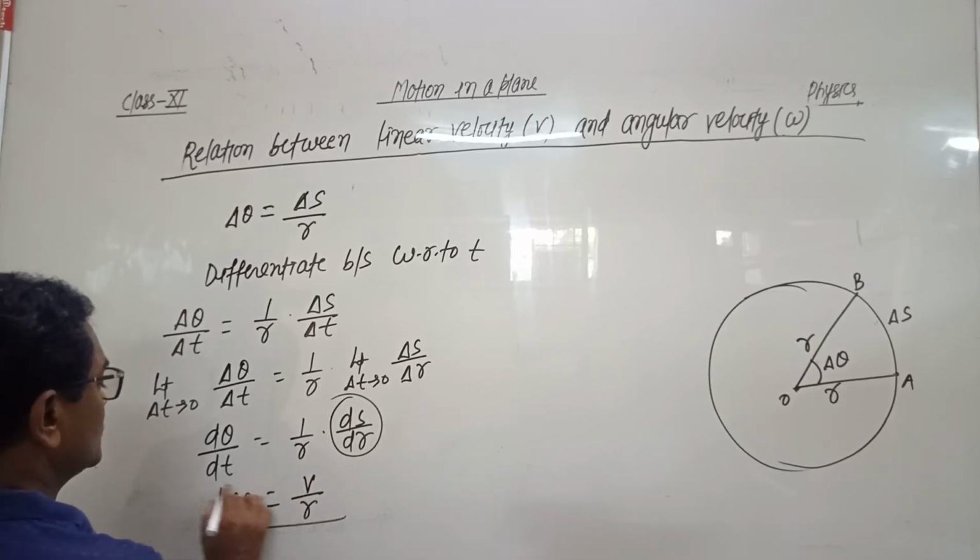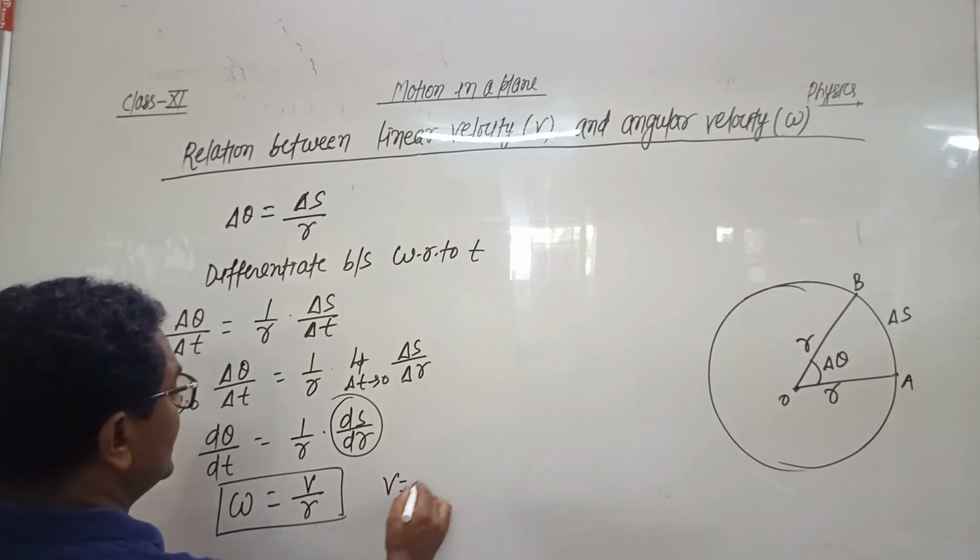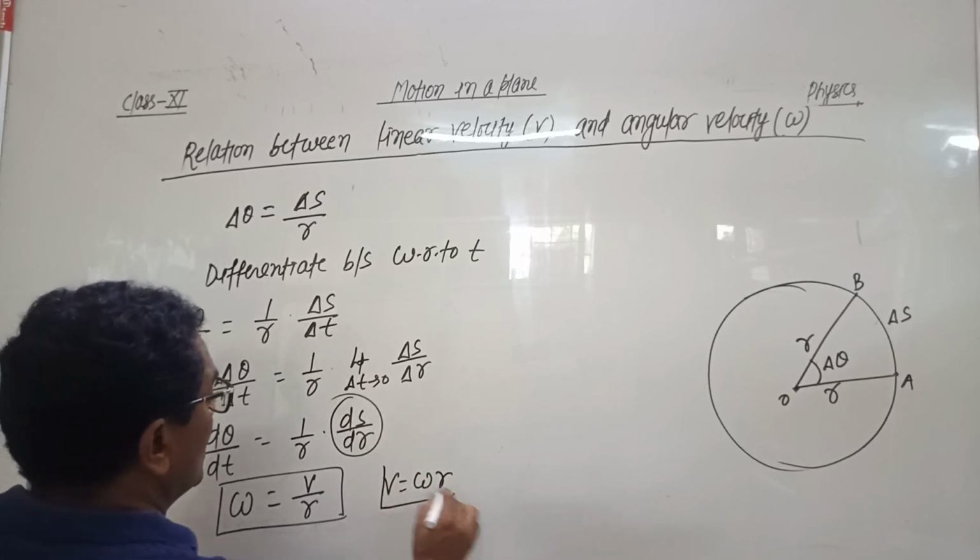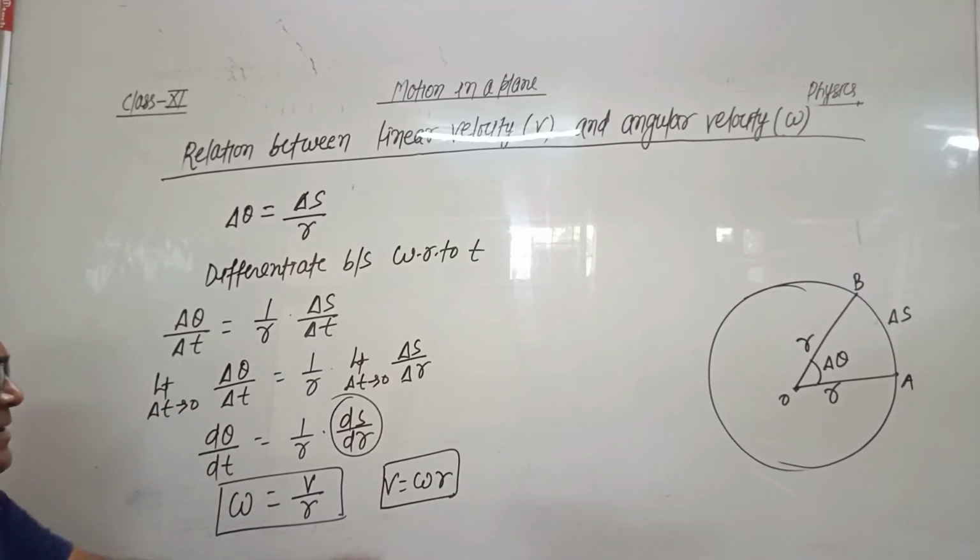So omega equals v by r, and v equals omega into r. This is the relation between linear velocity v and angular velocity omega.